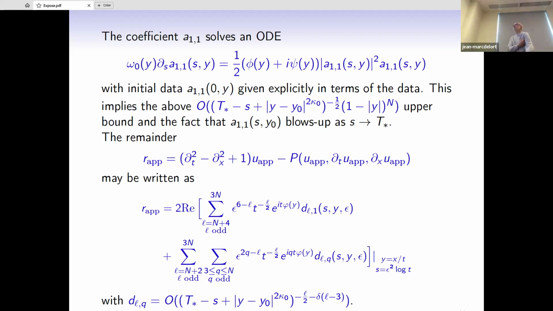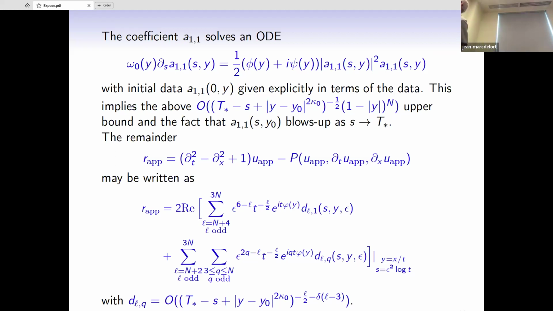And that's here that we see the null condition coming. Phi of y was the function that I introduced earlier, which characterizes the null condition by the fact that the null condition is equivalent to phi identically zero. Psi is another function which may be written also explicitly.